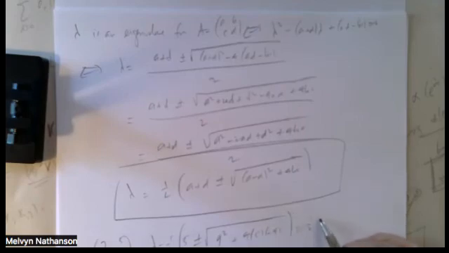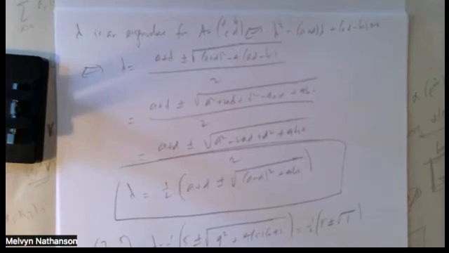So that's 1/2 times 5 plus or minus the square root of 81 minus 80, which is plus or minus 1. So that's 1/2 times 5 plus or minus 1. If I take plus 1, 5 plus 1 is 6 over 2 is 3. If I take minus 1, 5 minus 1 is 4 over 2 is 2. So the only possible eigenvalues for this linear map are 3 and 2, which is just what we saw in the initial problem.